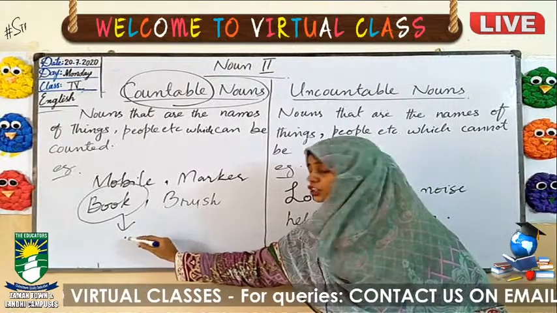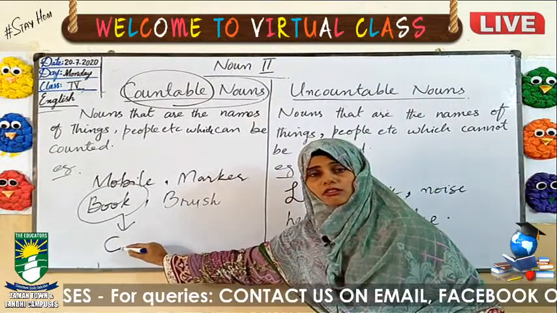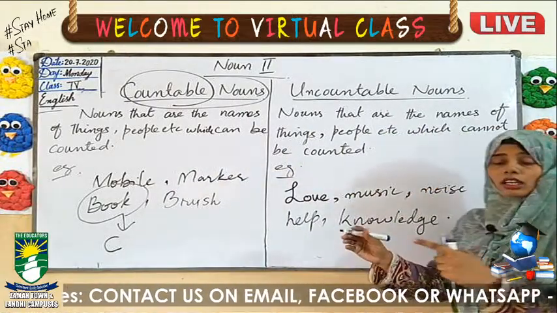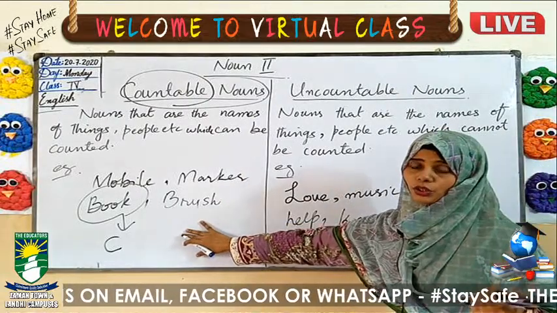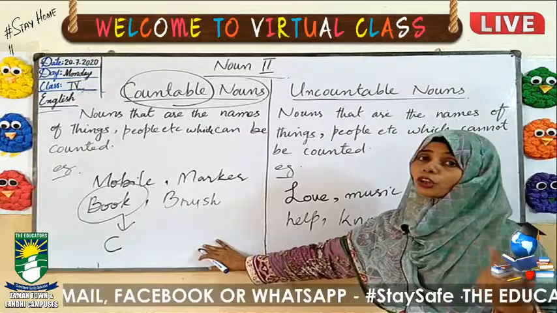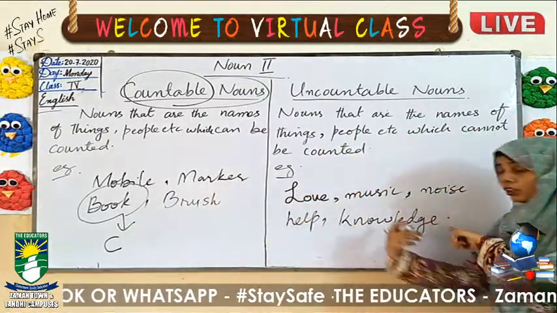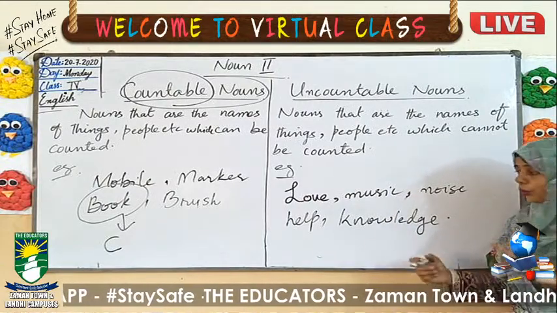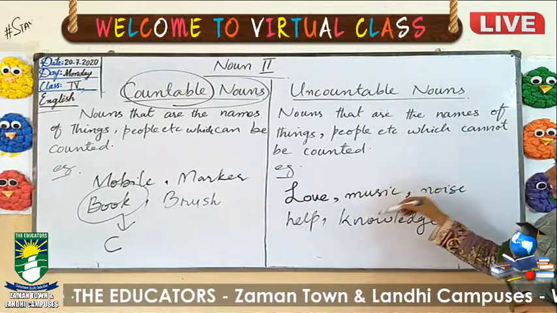Okay? The short form of countable we will mention only C. C means countable. Okay? And whenever we read the books, we get knowledge. What do we get? Knowledge. We read the books and we get knowledge. Can we count the knowledge? No. We cannot count the knowledge. That's why it is uncountable.